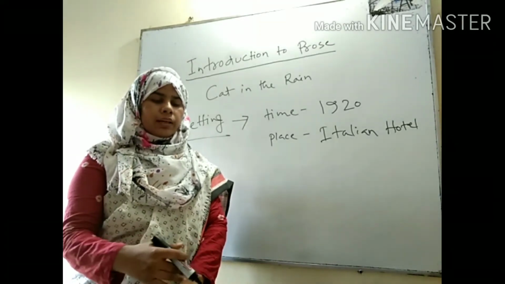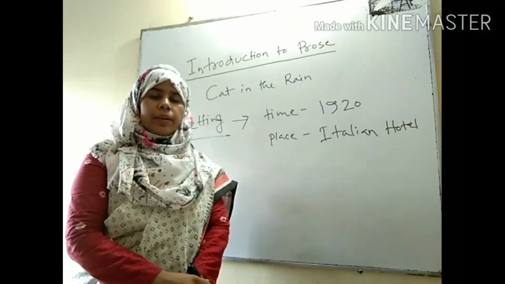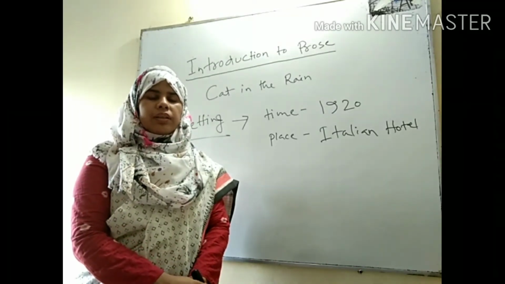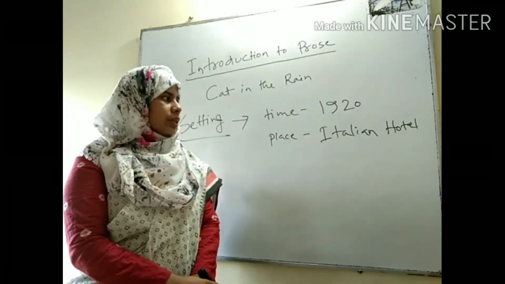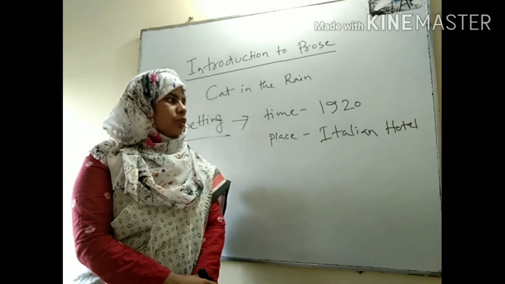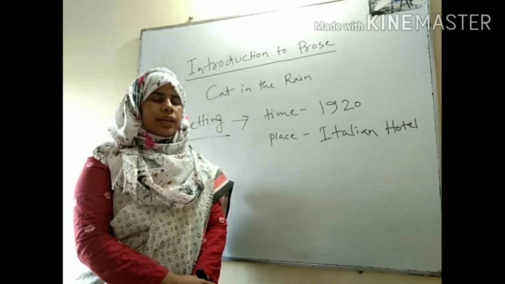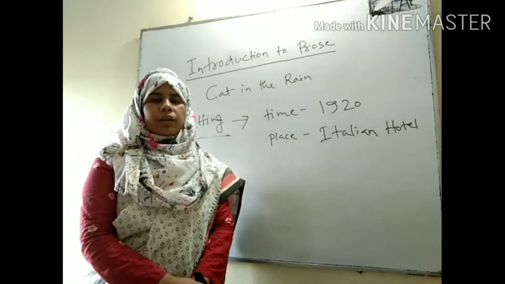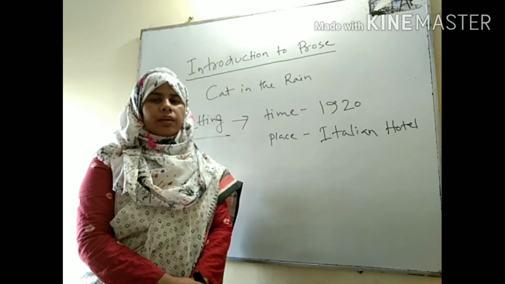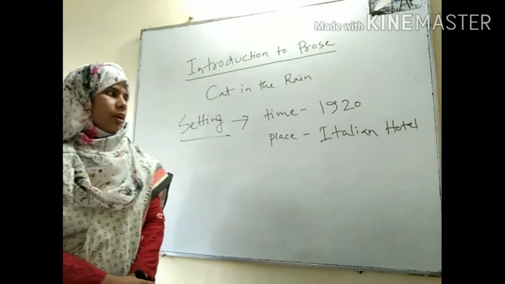Even when some people are crossing them on the stairs, they don't know them, because they have just come to this hotel to spend their vacation, yet they are not introduced with anyone, and even they are unable to go outside due to bad weather.